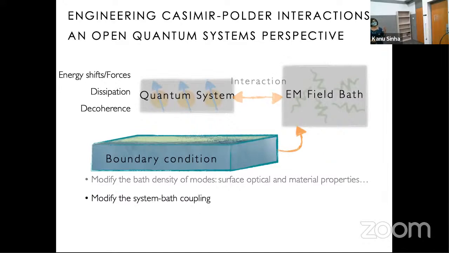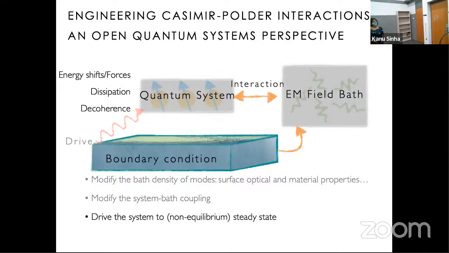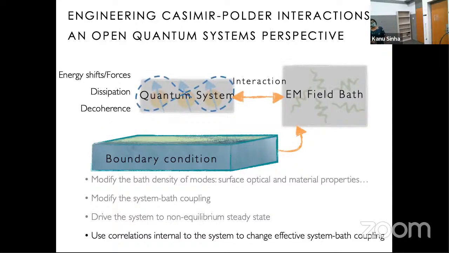One can think about modifying the system bath coupling more directly, for example, by using magnetic interactions instead of electric. We can drive the system to some interesting non-equilibrium steady state, which effectively changes the system bath interaction. We can also use correlations internal to the system to, again, change the effective system bath coupling.